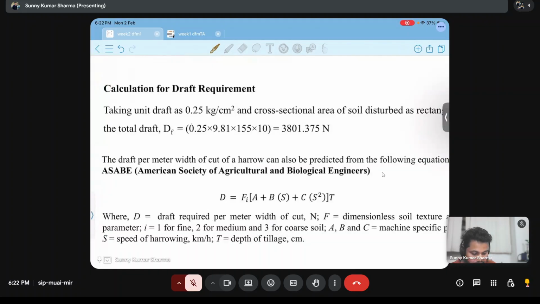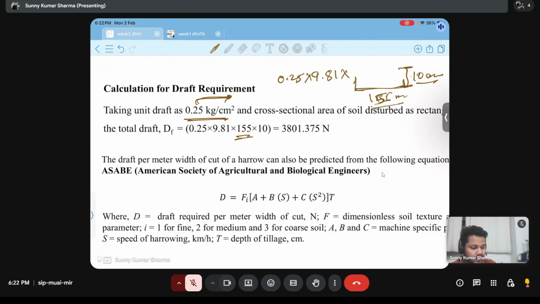Now draft requirement. Taking unit draft as 0.25 kg per centimeter square. This is for which soil? I think this is for soft soil maybe. So for that soil, this is 0.25 kg per centimeter square. We will convert it into Newton, that is 9.81 into area of cross section. Area of cross section will be working width 1.55 meter, into centimeter it is 155 centimeter, and working depth is 10 centimeter.